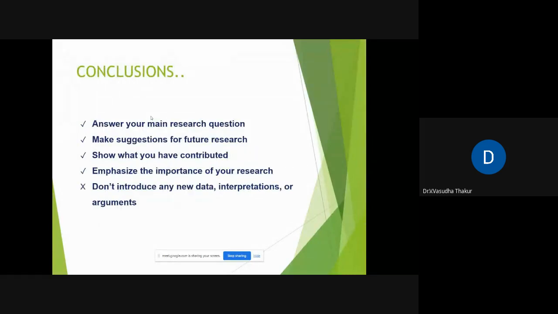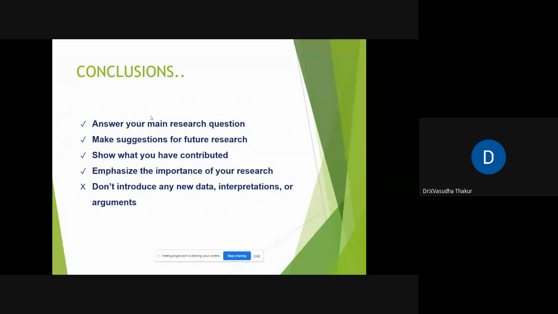Conclusions are the set of pages which follow the discussions, wherein you focus on emphasizing the significance of the research. Why was research carried out in this area, on this domain, on this topic? How did it contribute?